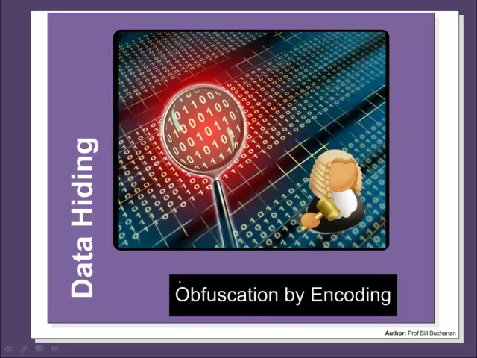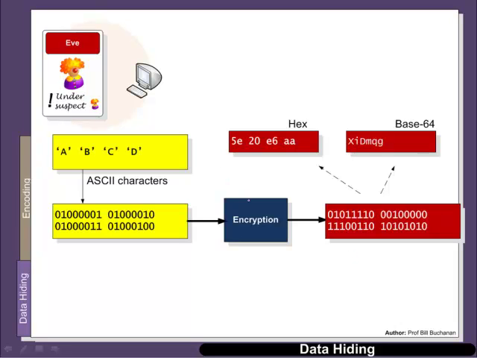Another method that a malicious party might use to hide messages is to obfuscate by encoding the message. Two standard ways that standard text, standard ASCII characters, can be converted into an encoded format are hexadecimal and base64.